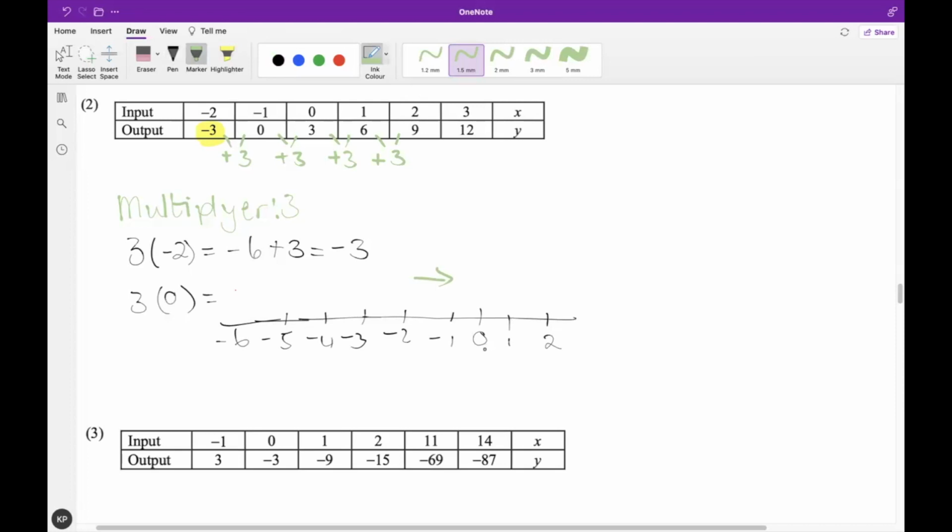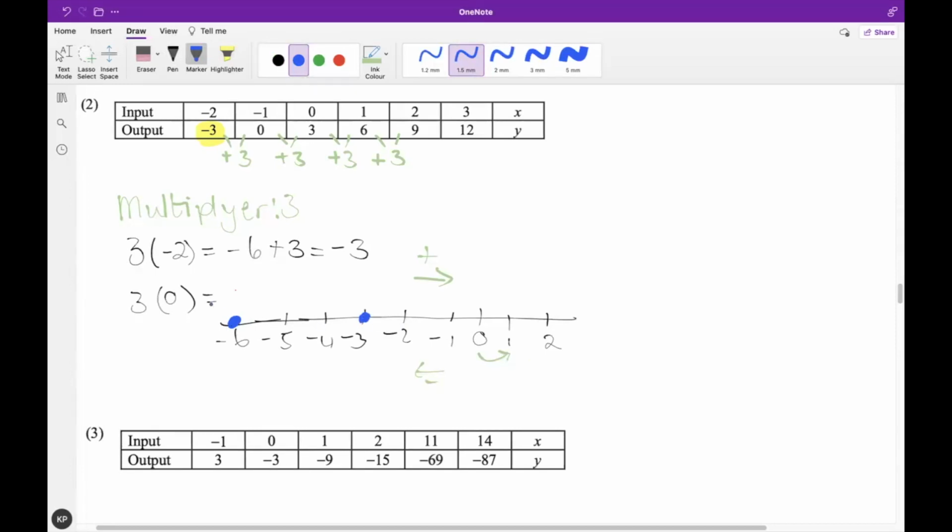Because think about it. If I say 0 plus 1, I'm going to move to the right, which means when I'm subtracting, I'm going to go left, right? Now, we were at negative 6. And we wanted to be at negative 3. So we had to move from negative 6 to negative 3. Is that left or right?